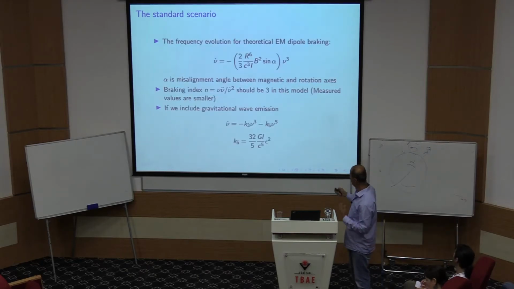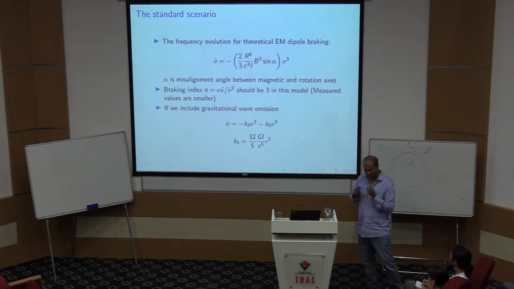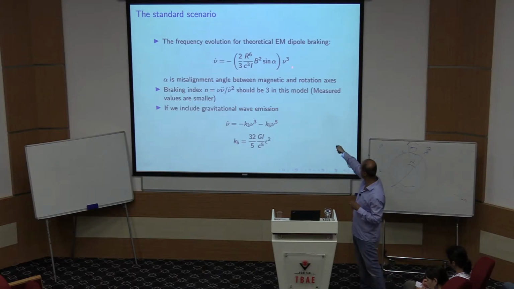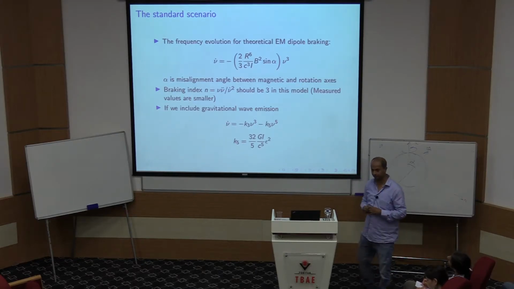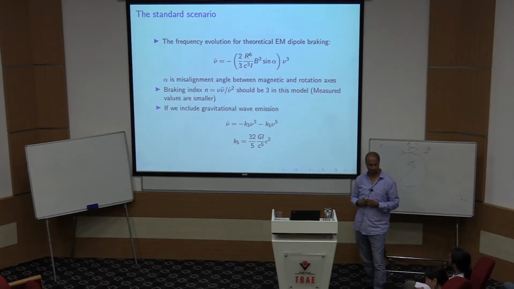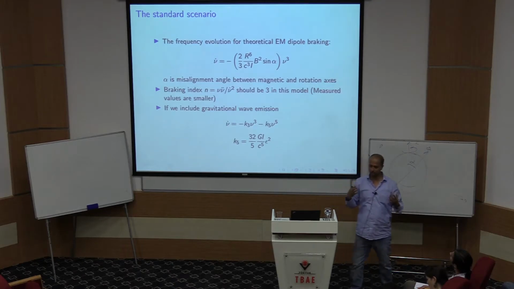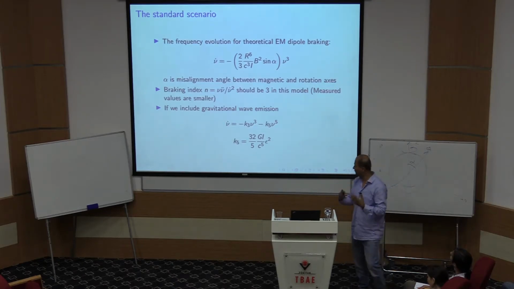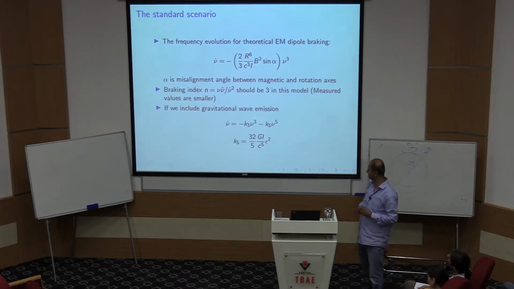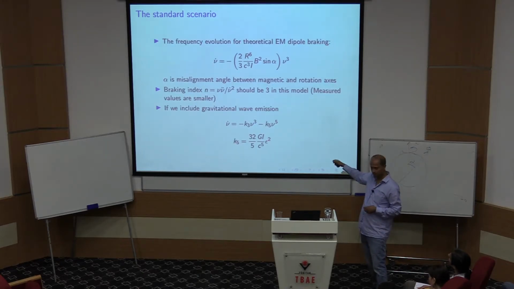Now the same thing happens for gravitational waves, except it's not a cube, but the fifth power. So in general, if I have a neutron star which has emission due to both this dipole radiation and gravitational wave emission, then we get an expression of this kind for nu dot.